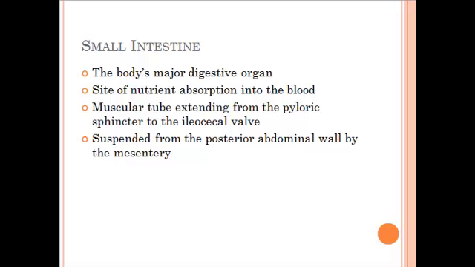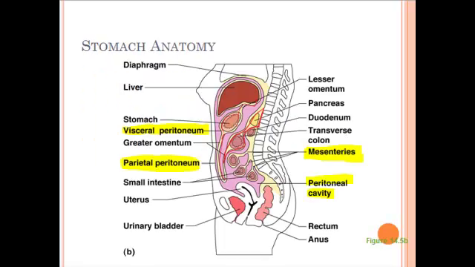Let me pull it up again to remind you. Here we are. As you look at this, we can see the small intestine in here. It shows it a few times as it's wrapping around and around, all tangled up. And you can see the mesentery here is holding that small intestine, attaching it to the abdominal wall, holding it there.